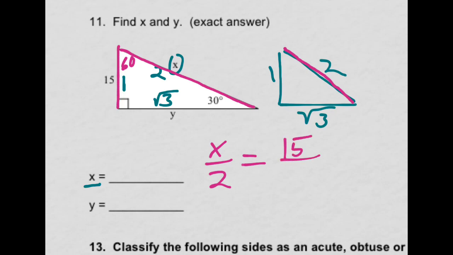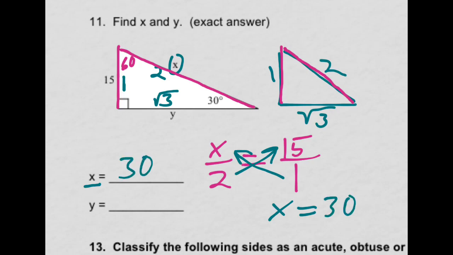And what side of your known triangle corresponds with 15? 1. You want to cross multiply. And so we get x equals 2 times 15 is 30. All right, so that's our 30.